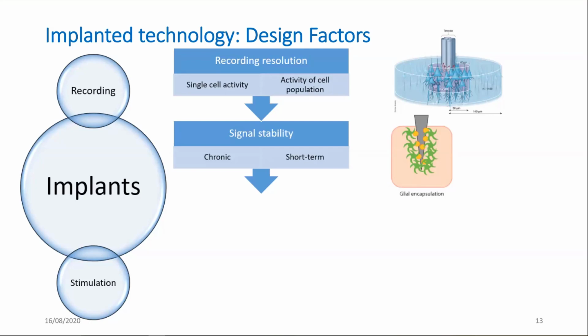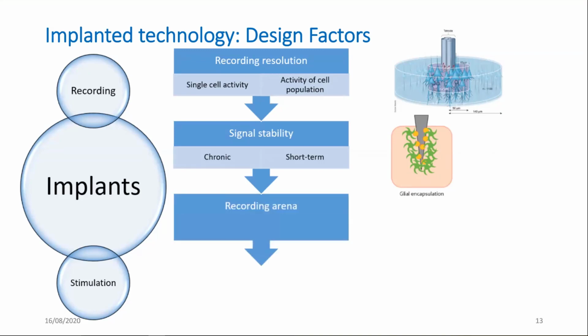That means our brain also has some immune cells, which we call glia, and these glial cells will come and attack. They'll try to destroy it, like the way our immune system works. Every time we get a virus or a bacteria, our immune system becomes activated and it tries to destroy the foreign body. So similarly, they will try to destroy it and they will encapsulate it, which means they will increase the impedance or hamper the quality or the stability of the signal that you are recording.